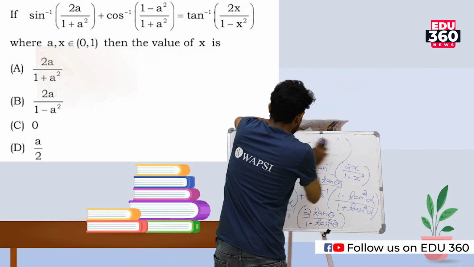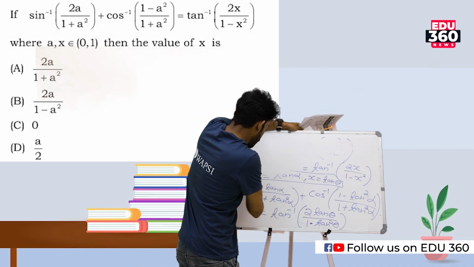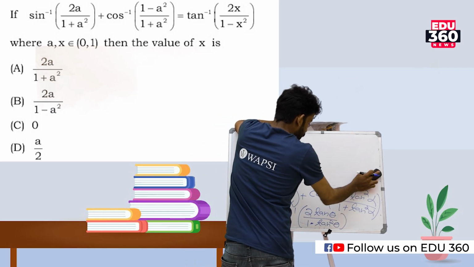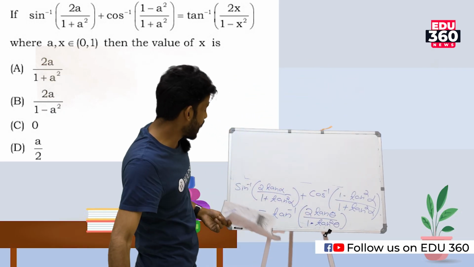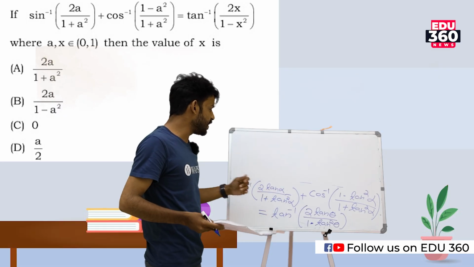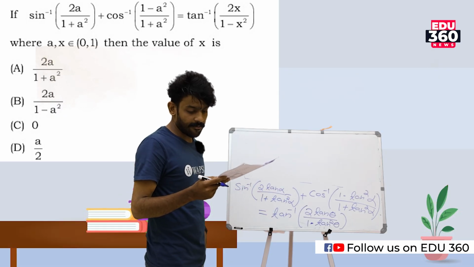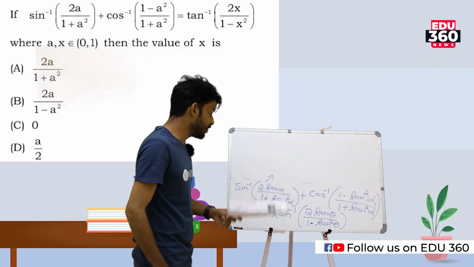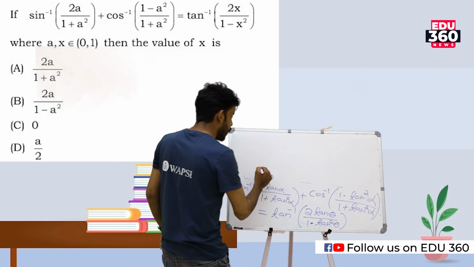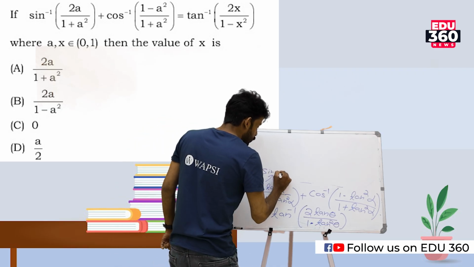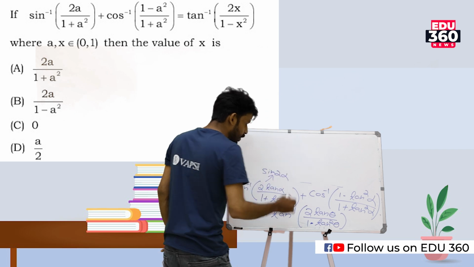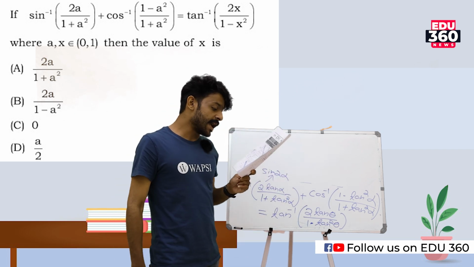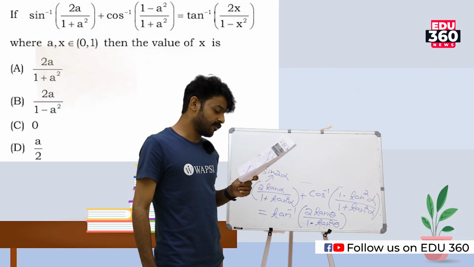On the next step, sine inverse of 2 tan alpha divided by 1 plus tan square alpha is simply sine 2 alpha. So sine 2 alpha is equal to 2 tan alpha divided by 1 plus tan square alpha.